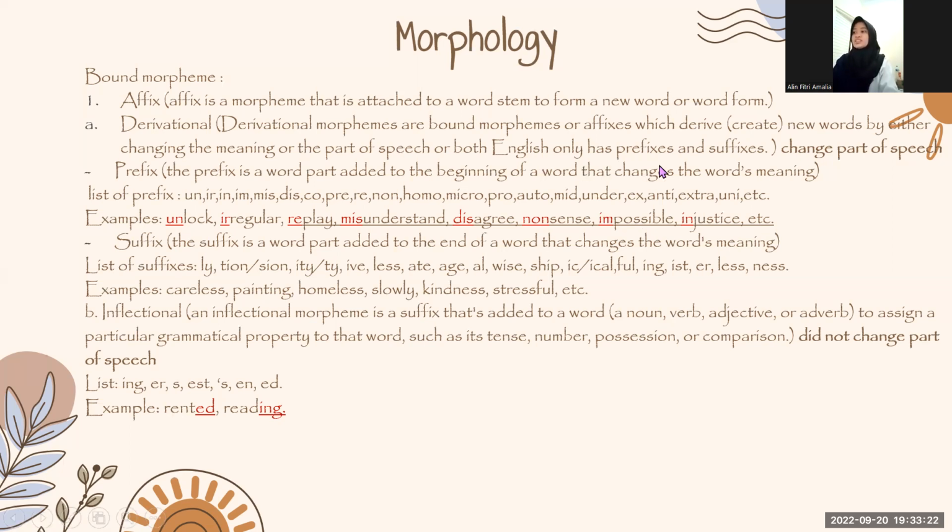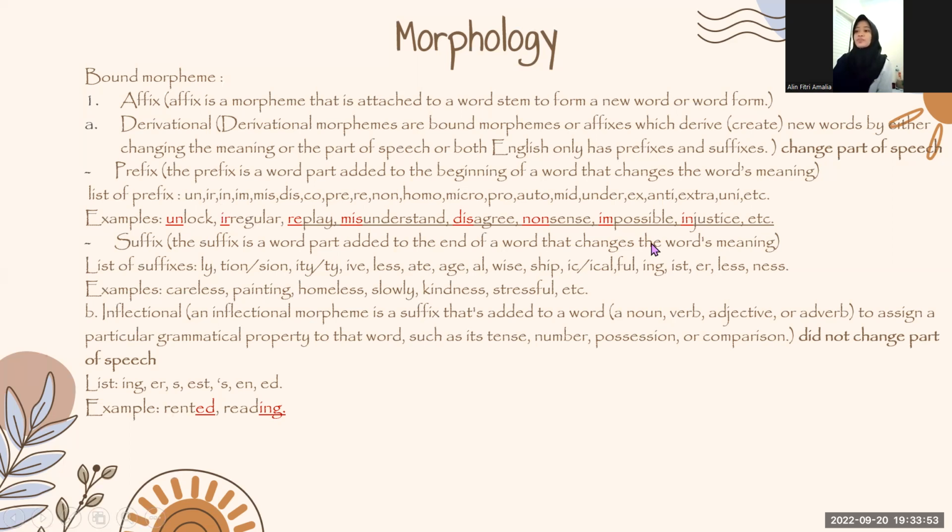English only has prefixes and suffixes. A prefix is a word part added to the beginning of a word that changes the word's meaning, and a suffix is a word part added to the end of a word that changes the word's meaning. So the difference is that a prefix is added to the beginning and a suffix is added to the end, but both of them change the part of speech.